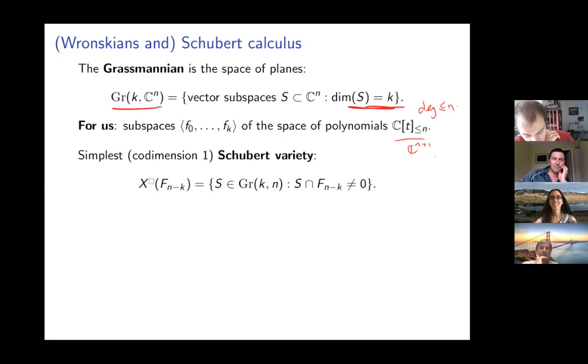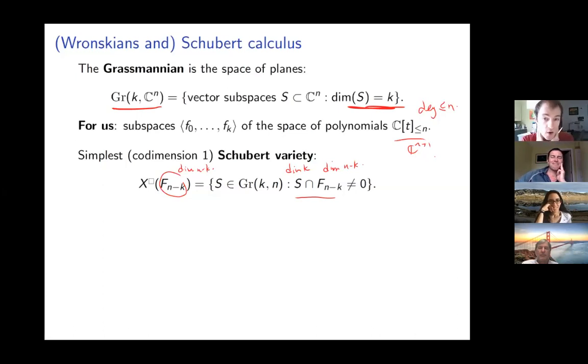We pick an n minus k dimensional plane, kind of a complementary plane, and we look at the intersection between our subspace of dimension k and our complementary space of dimension n minus k.